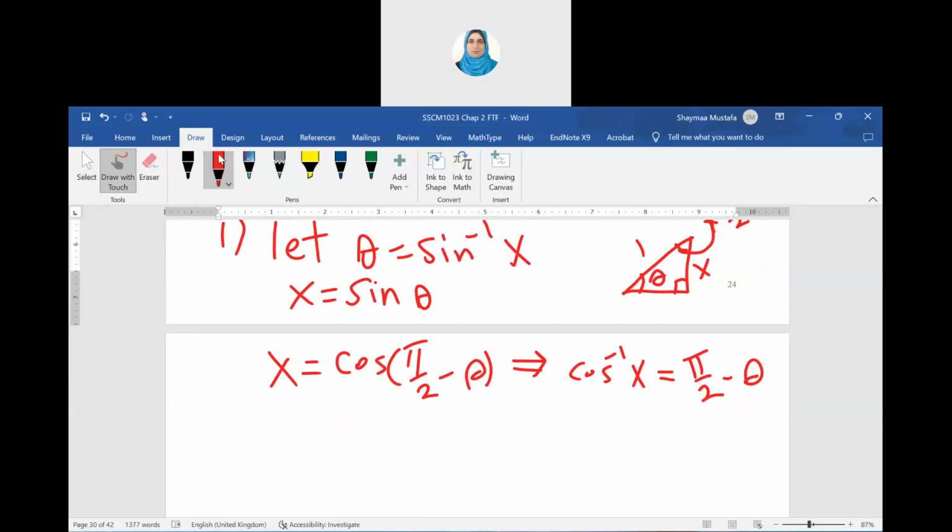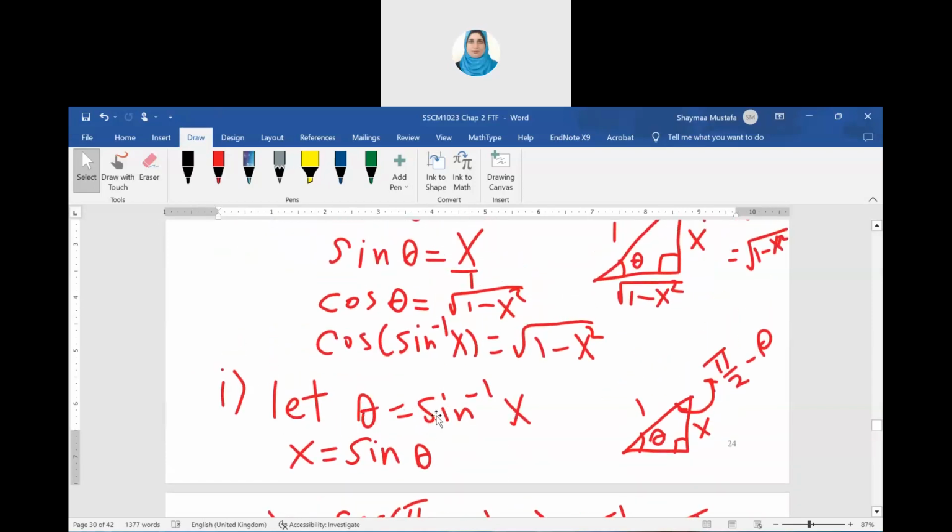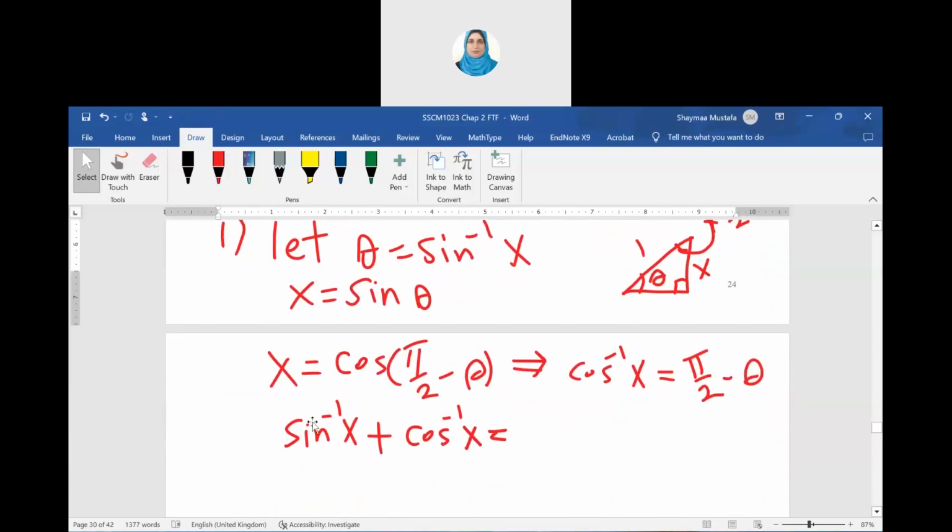So sine inverse x plus cos inverse x equals theta plus pi over 2 minus theta.